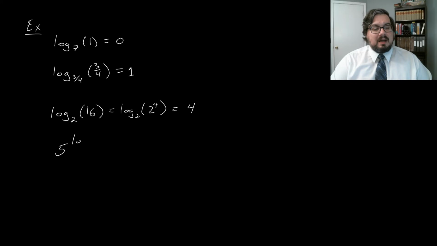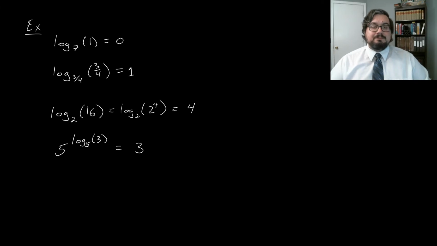Similarly, if I have 5 raised to the log base 5 of 3, that's going to give me 3. Now in this case, I don't actually know what the log base 5 of 3 is as a decimal. It's some number. It's going to be less than 1 because 3 is less than 5. But other than that, I don't know exactly what it is.